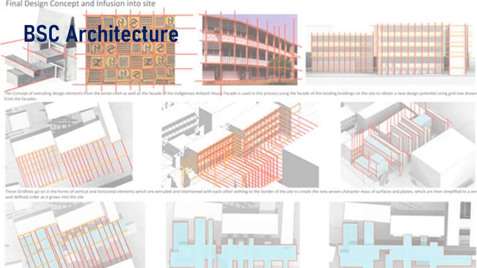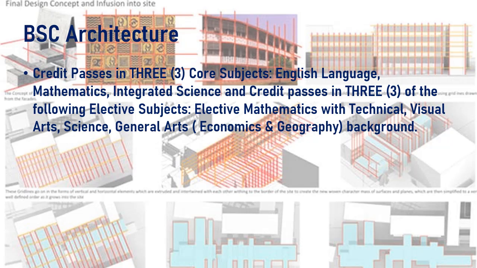Moving on to Bachelor of Science in Architecture, and the requirement for this program is you must have credit passes in 3 core subjects such as English language, mathematics, integrated science, and credit passes in 3 elective subjects of the following: elective mathematics with any background from technical, visual arts, science, general arts, specifically economics and geography background.